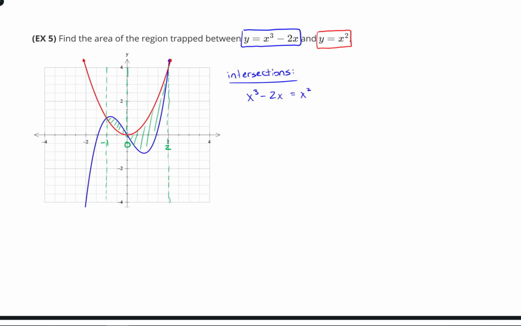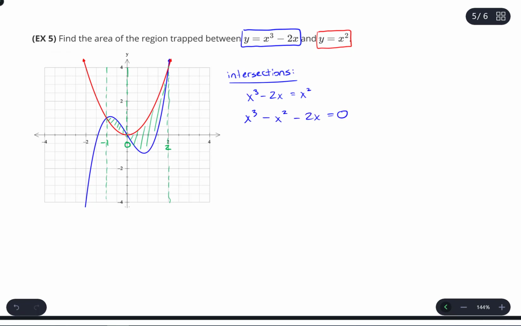Wherever this equation has zeros is where we're going to have intersections. So let's try it out and just verify, even though we already know what these are. So x cubed, if I subtract x squared from both sides, I would have x cubed minus x squared minus 2x equals 0, for which I could easily factor out an x, leaving me x squared minus x minus 2 equals 0.